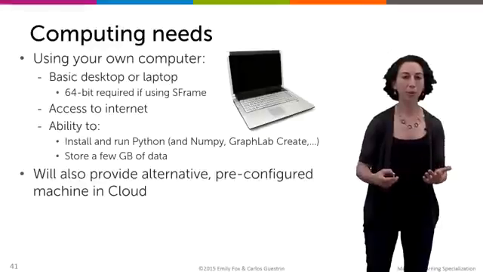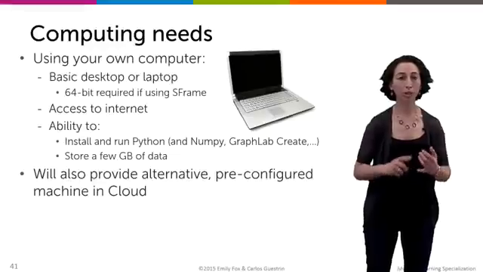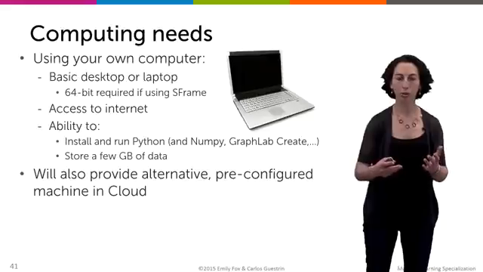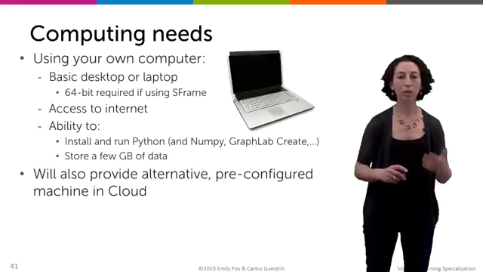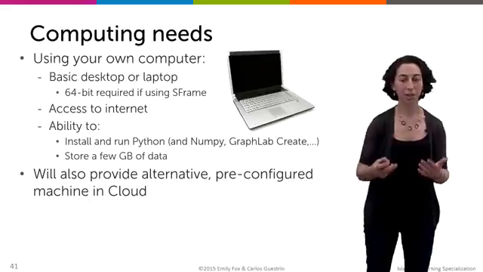And finally, the computing needs are the same as in other courses of this specialization, where there are a couple of choices. One is that you have your own machine, and if you're going to use SFrames, which we encourage you to do for the different data manipulations, then you need to have a 64-bit machine. Other than that, it can be a fairly basic desktop or laptop.